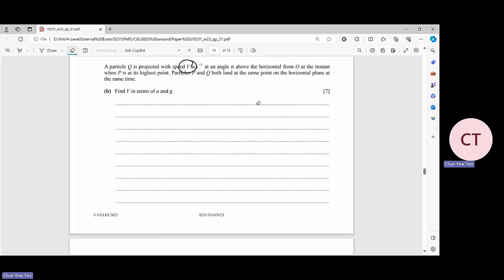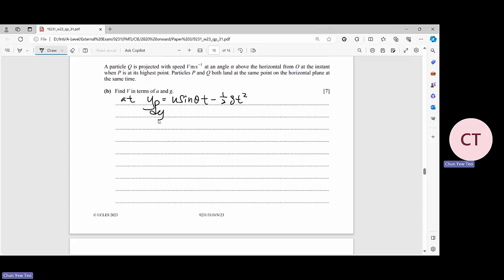So what we need to do is find when we need to project the particle Q. Particle Q is projected at the highest point of P. So I need to find YP, the vertical displacement. Vertical displacement is u sin theta t minus half gt squared.